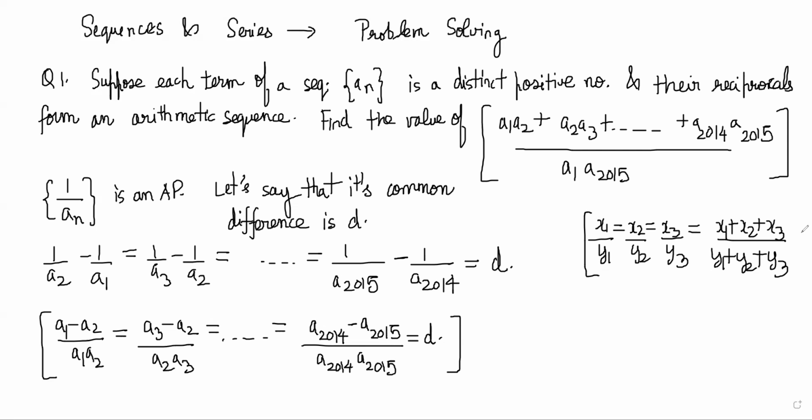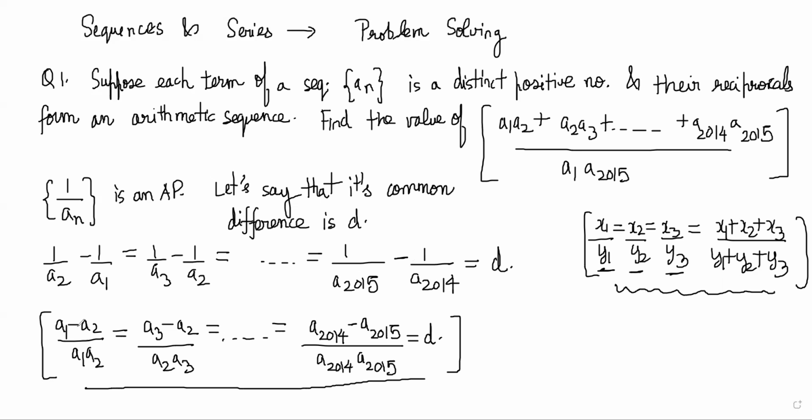You can prove this property of ratios. As long as you have certain things in ratio, that whole ratio will also be equal to the sum of the numerators by the sum of the denominators. Try proving this yourself. It is very easy to prove. So we will use this property now and we'll apply it to these fractions, right?